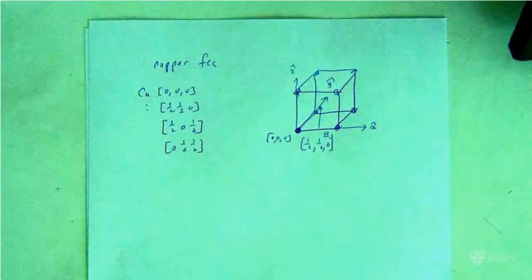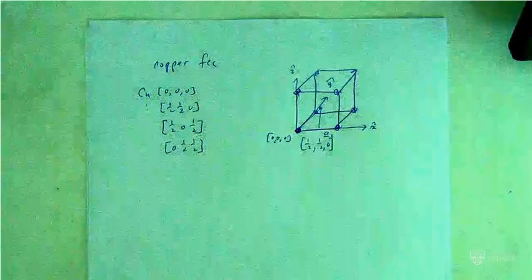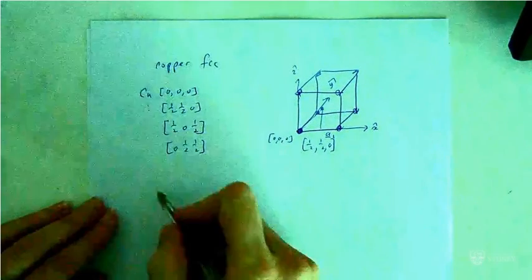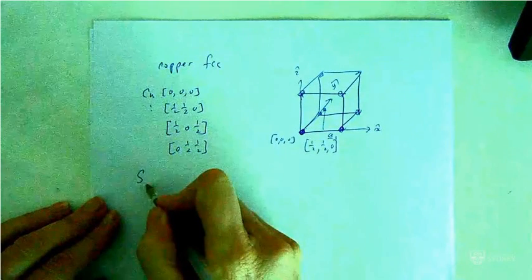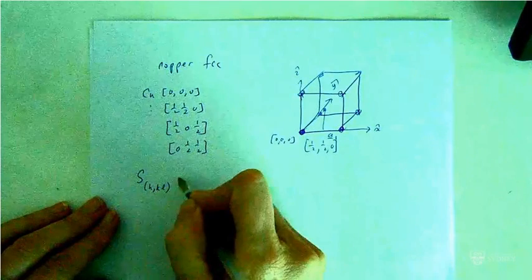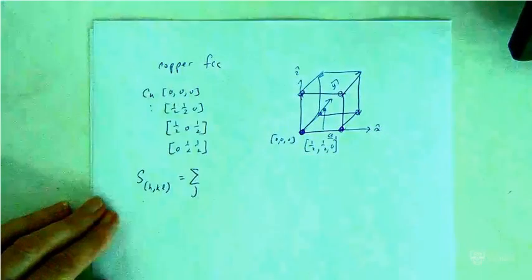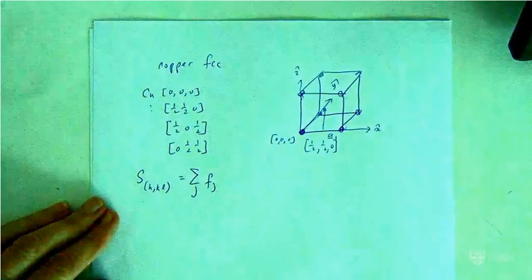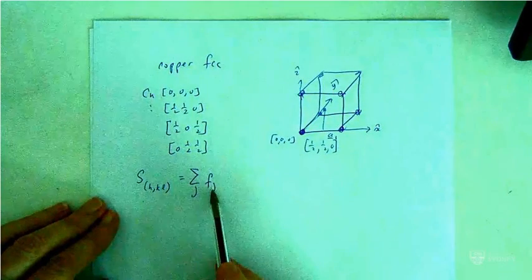So that's the first step. We need to know the positions of our atoms in the cell. And then we have to say, what is our structure factor? Structure factor HKL is given as the sum over atoms J in your cell, the form factor of each atom species F of J. We've just got copper here, so that's okay.